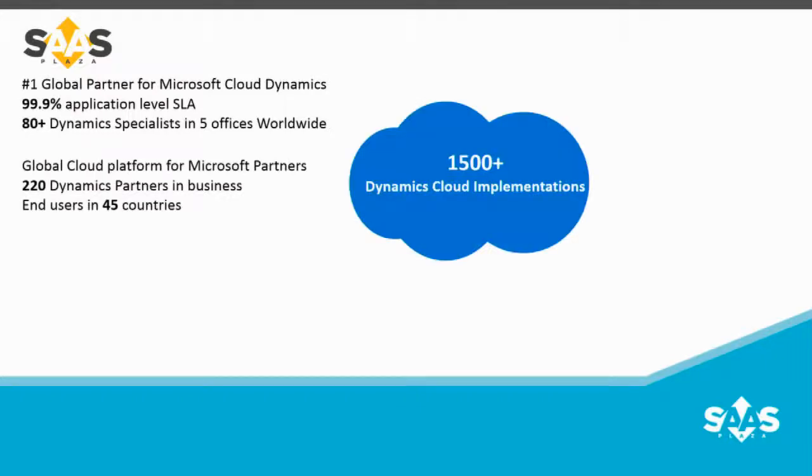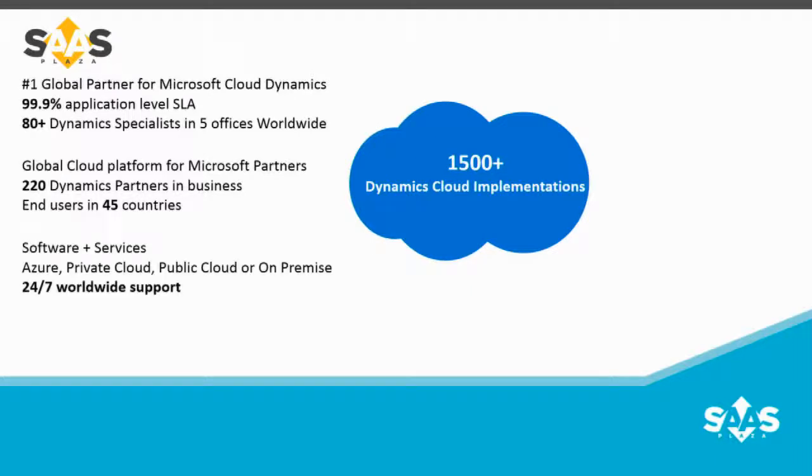And we have more than 1,500 implementations done. And then we count, for instance, Ford Motor as a company where we deliver dealer management software. We count that as one implementation.